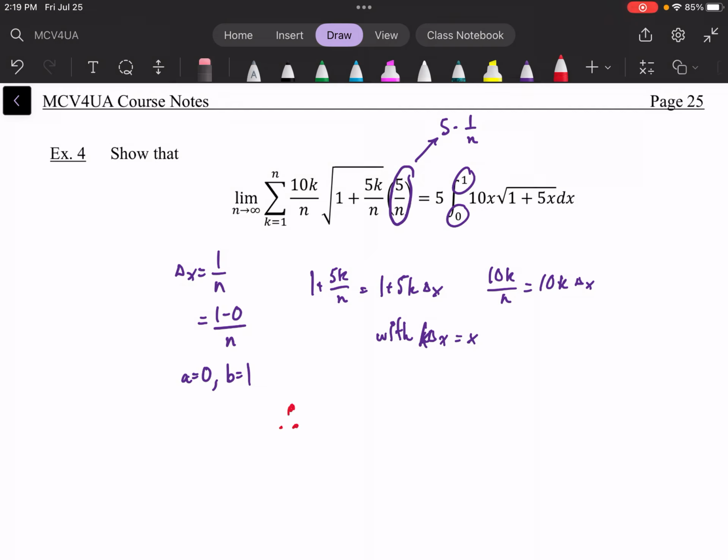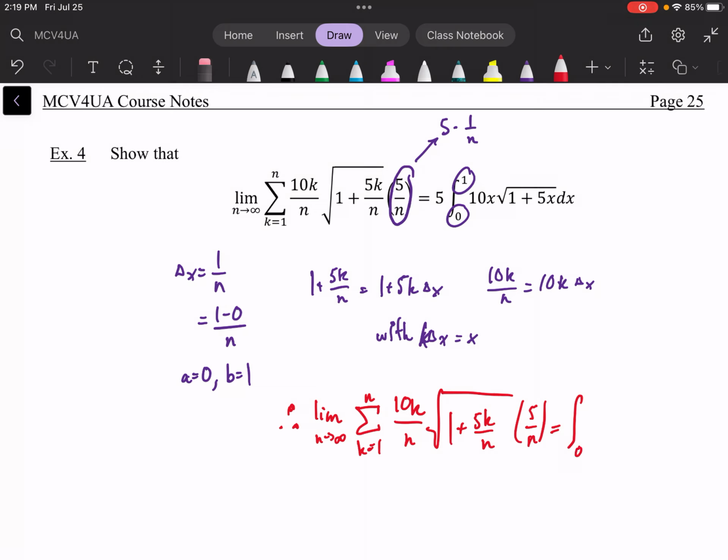you can now take it so that this limit as n approaches infinity for the summation from k equal to 1 to n of 10k over n times the square root of 1 plus 5k over n, times 5 over n, is equal to, first, 5 times the integral from 0 to 1 of 10x multiplied by the square root of 1 plus 5x dx.